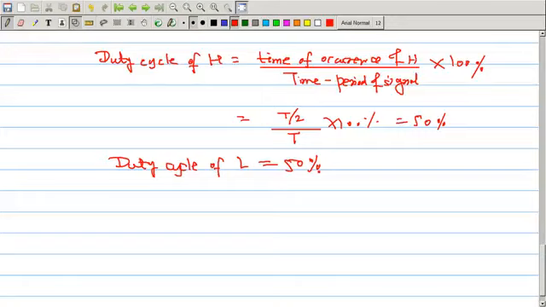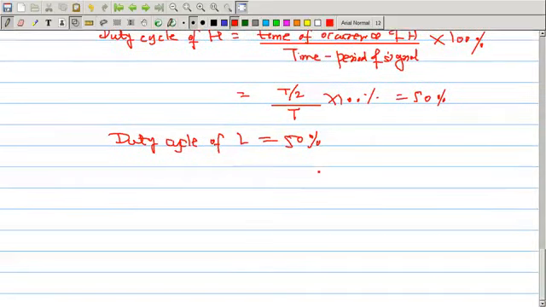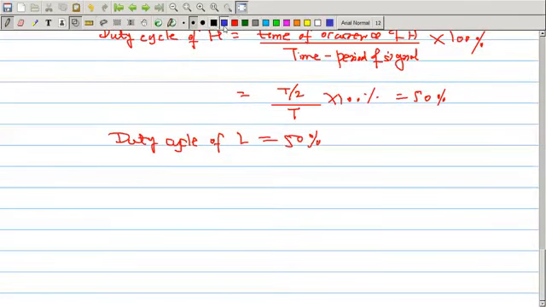Now let us come to the asymmetric signal. So what is an asymmetric signal? I think by this time you have guessed the asymmetric signal and its property. Let us try to show you an asymmetric signal.